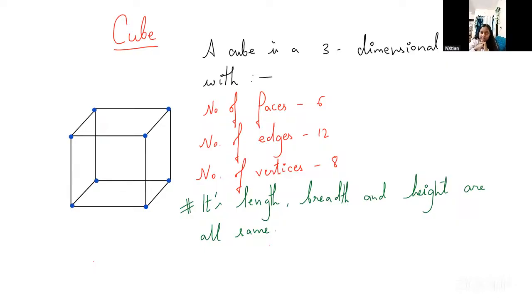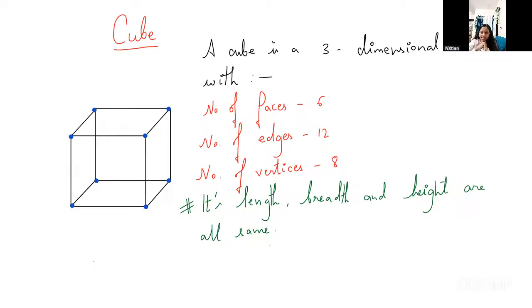In this lesson, we will talk about finding the surface area of cube and cuboid and volume. Both the things I'll explain to you. First, write this down.